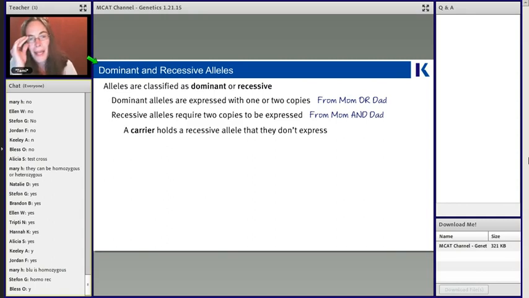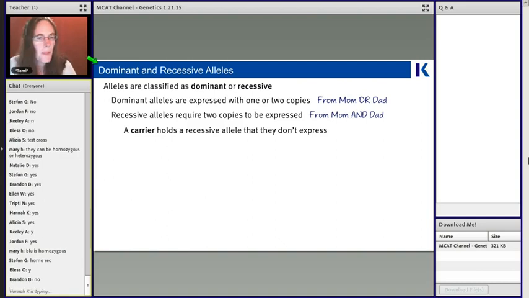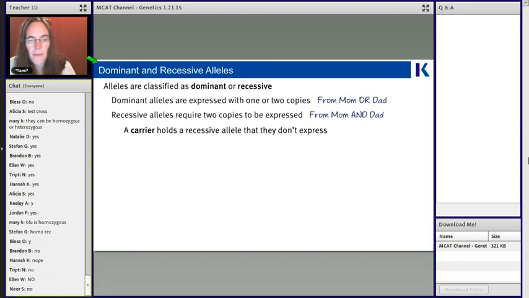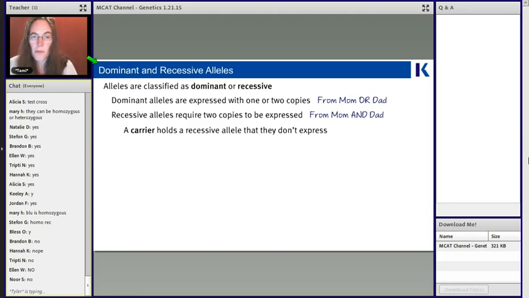Am I a carrier for the blue-eyed allele? No, I am not. However, if my mom was blue-eyed and I had a brother that was brown-eyed, he is a carrier because you cannot see it. He cannot have the phenotype.